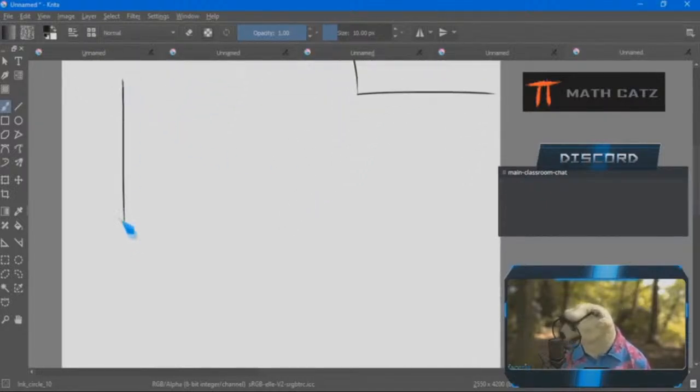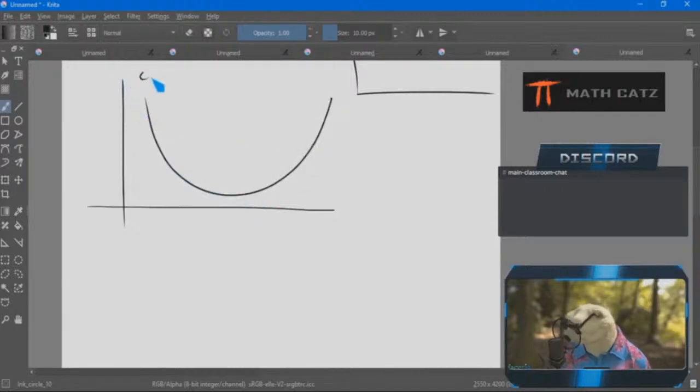Now let's just look at the classic concave up. Big smile. Actually, I'm going to write it at the bottom. Big smile, best case scenario. And let's call this guy f of x.